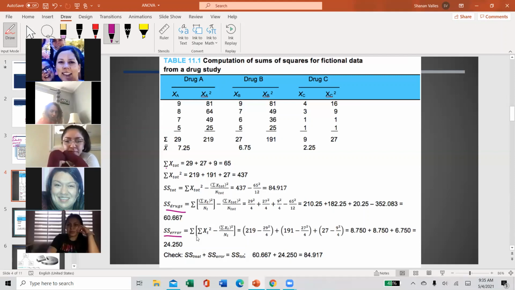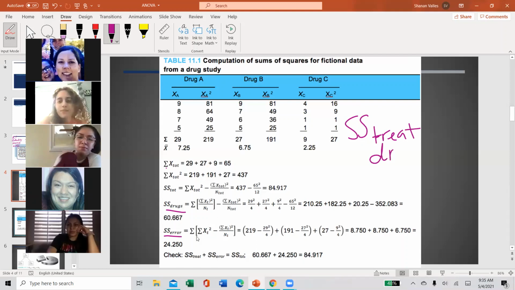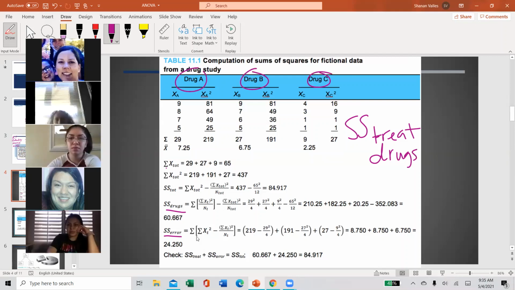So instead of writing SS treat, which we would be used to seeing, they substituted it and put drugs in there. They're just labeling it and making it a little bit simpler so that you know this is the comparison of the groups, okay? SS treat or SS drugs.